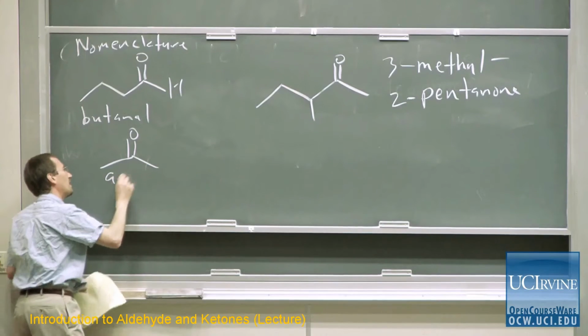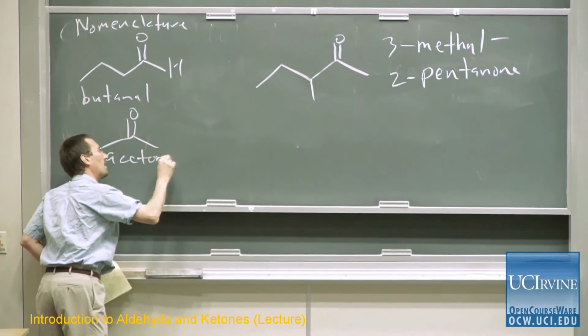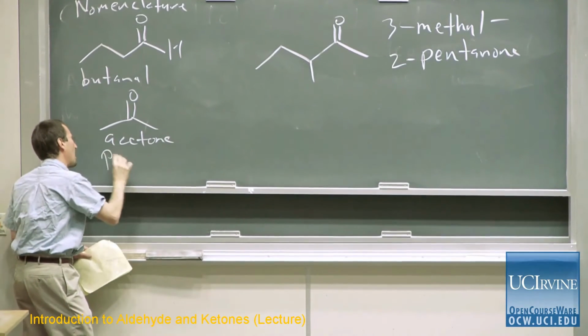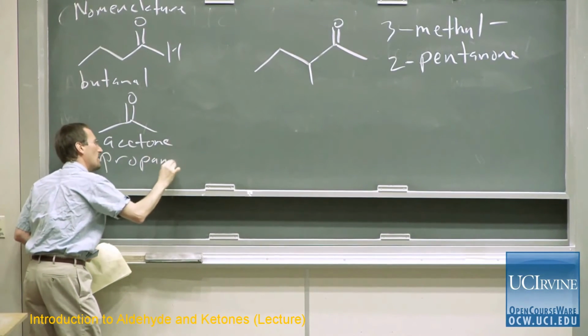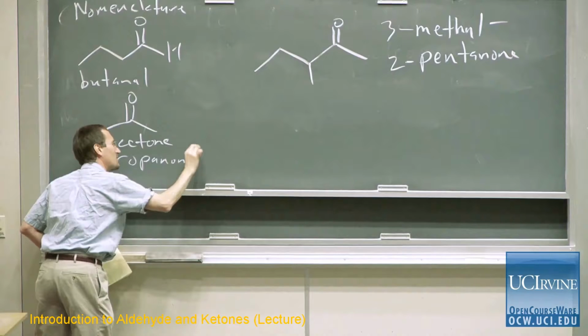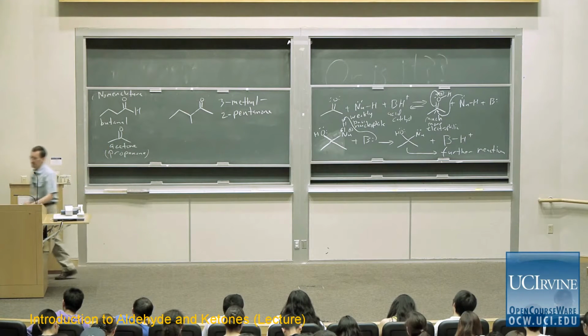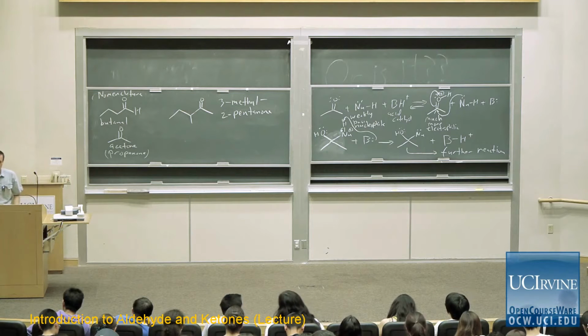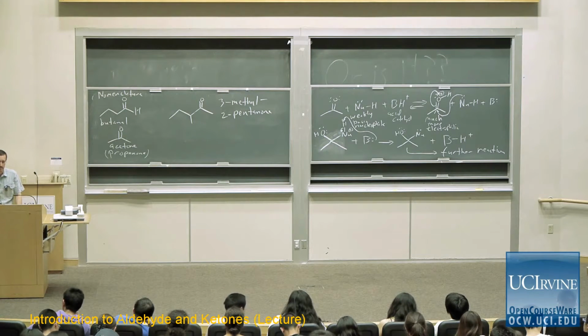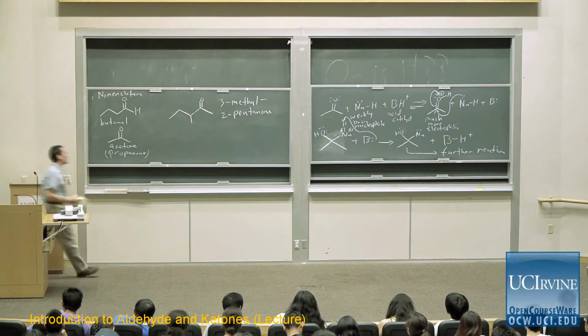Acetone, exactly. I think I'd be very hard-pressed to say propanone for it, just because its common name, its nickname, is so ubiquitous. If I did say propanone, because the only position the carbonyl could be at is the center position, I wouldn't even have to put a number on it.